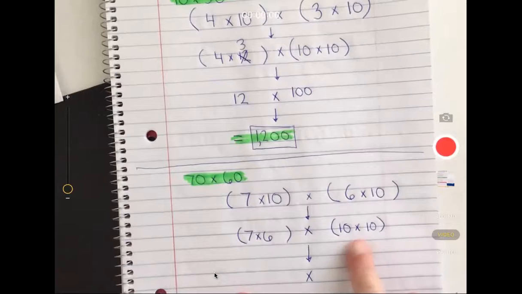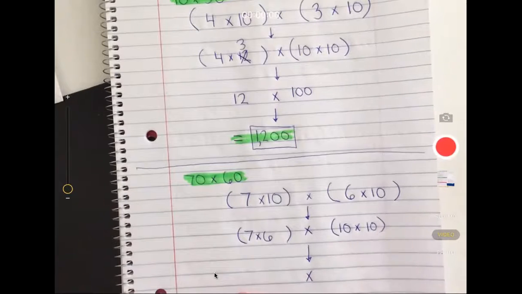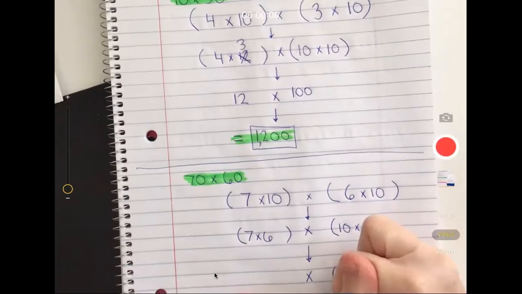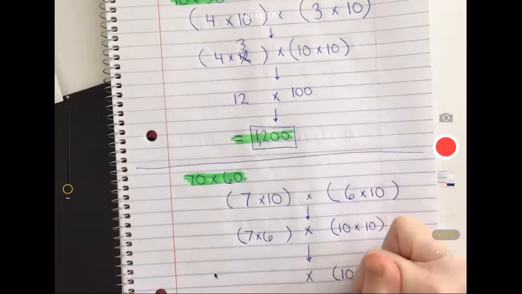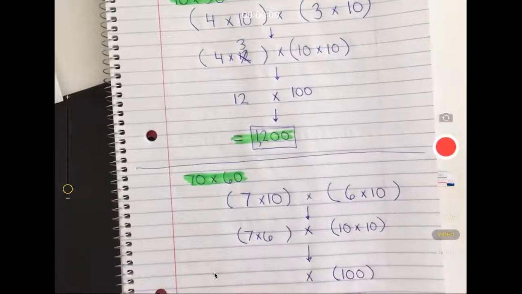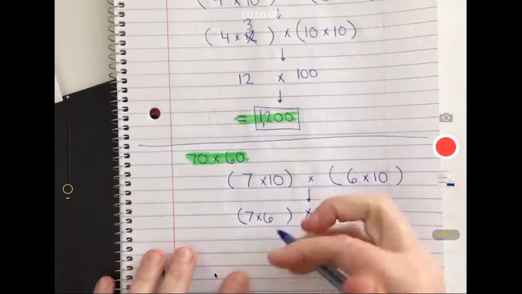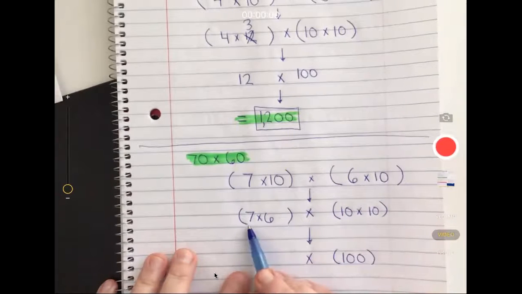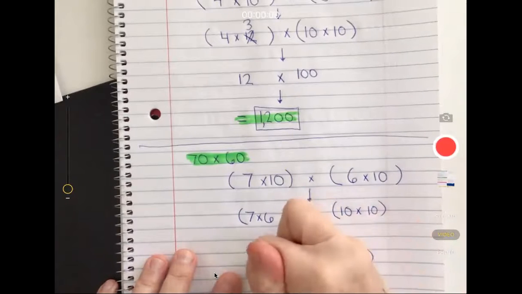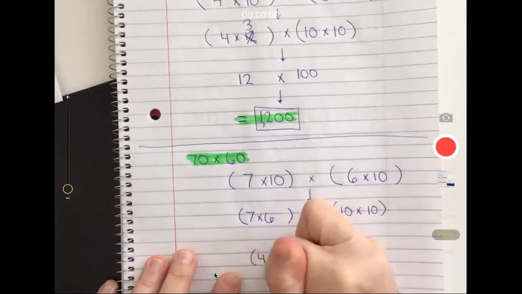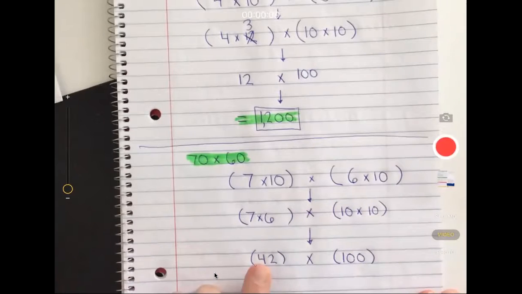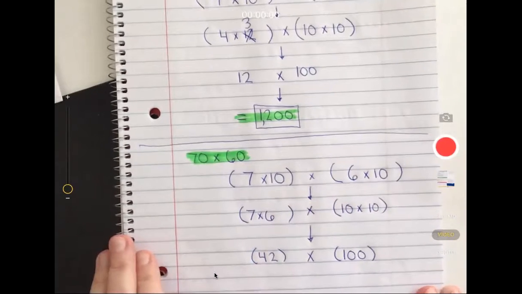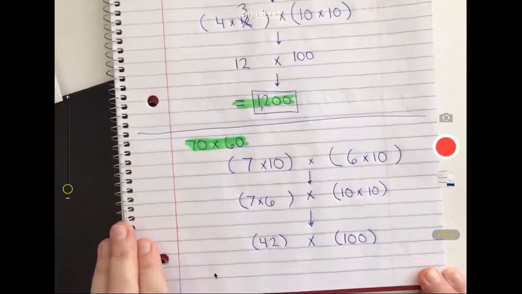I'll do my 10 times 10 first because I've been doing it for a while now. I know 10 times 10 is 100. And I'll show you, you can put it in parentheses if you want to. And then I'll look at my next group, 7 times 6. That is 42. This is why fast facts come in handy, right? In 3rd grade, we were telling you just memorize those facts.